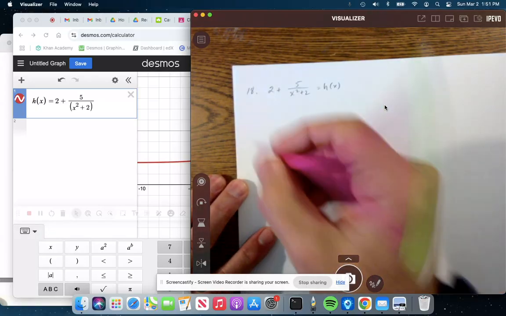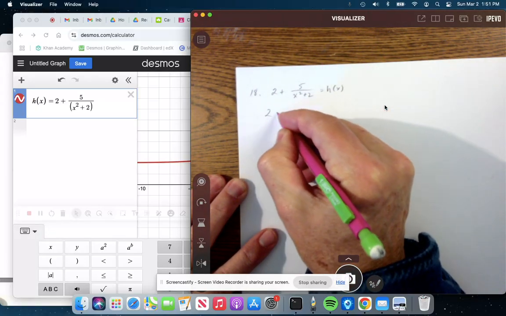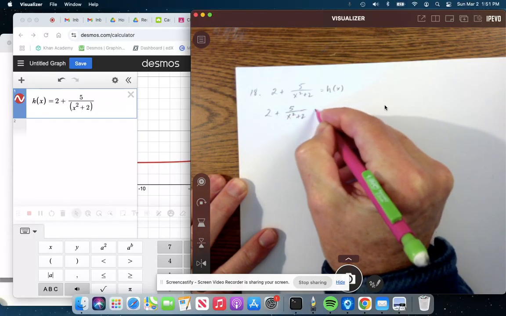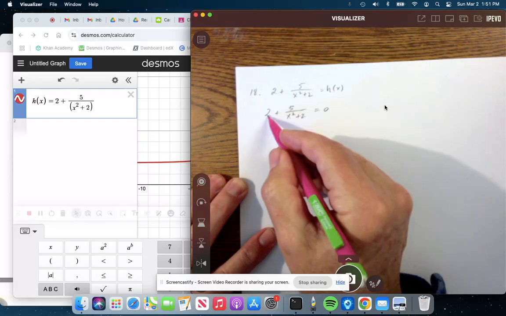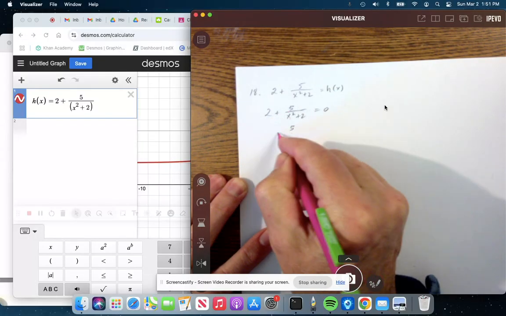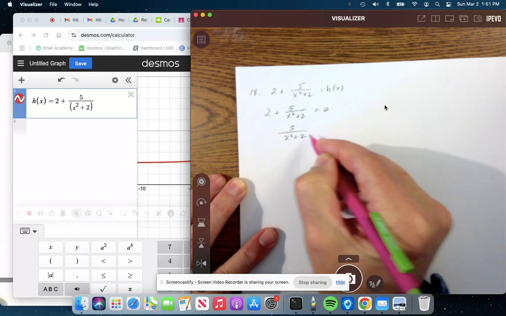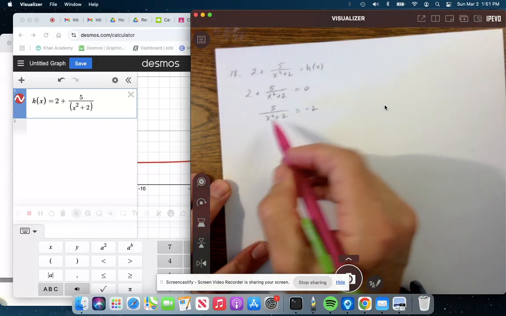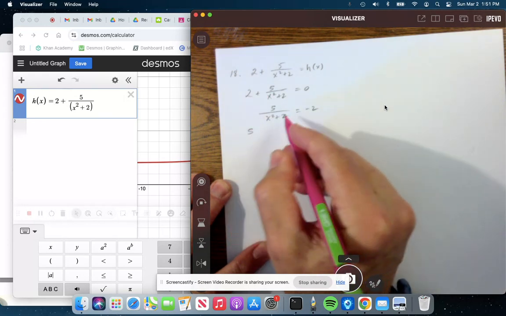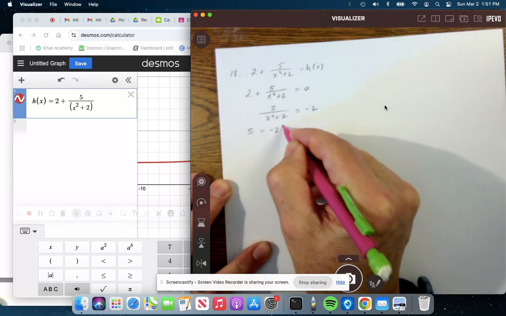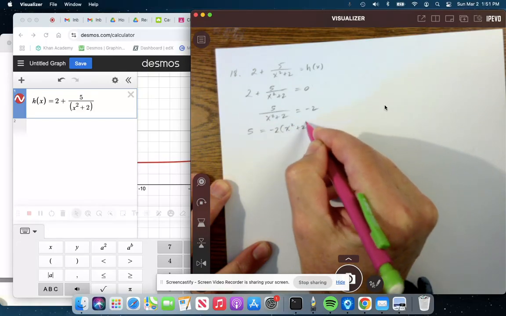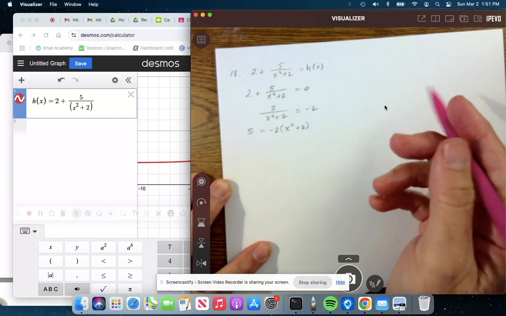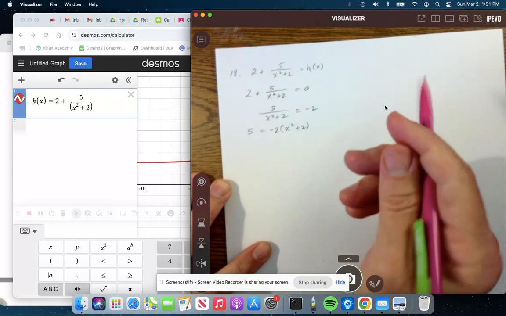If I set this function equal to 0, first thing I would do is take away the 2 from both sides. So now I've got 5 over x squared plus 2 equals -2, right? Then you can multiply both sides by the denominator. So now you have 5 equals -2 times x squared plus 2.